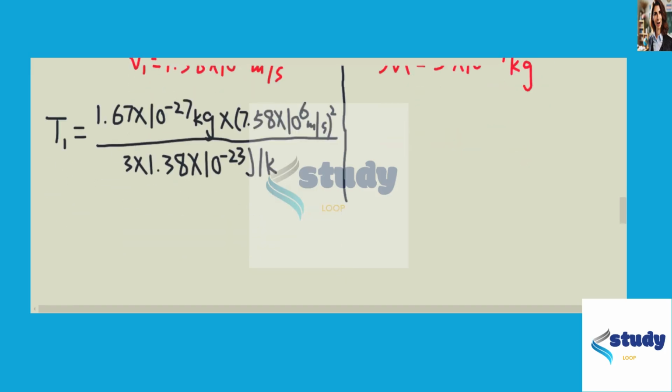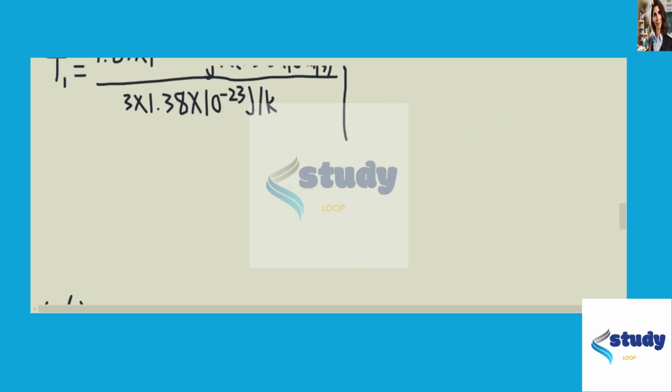This gives about 2.32 times 10 to the power 9 Kelvin.